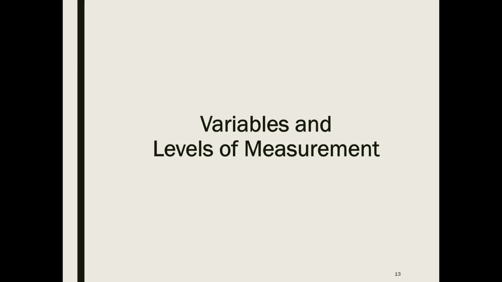So we are going to move into what is still information you most likely get from the methods class, but again for the stats class these are very fundamental concepts that you need to know before you can run any kind of data analysis or descriptive statistics: variables and levels of measurement.